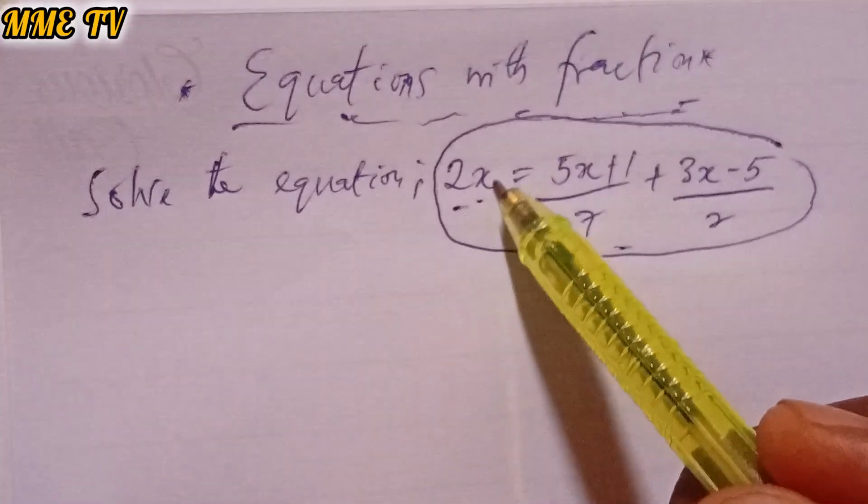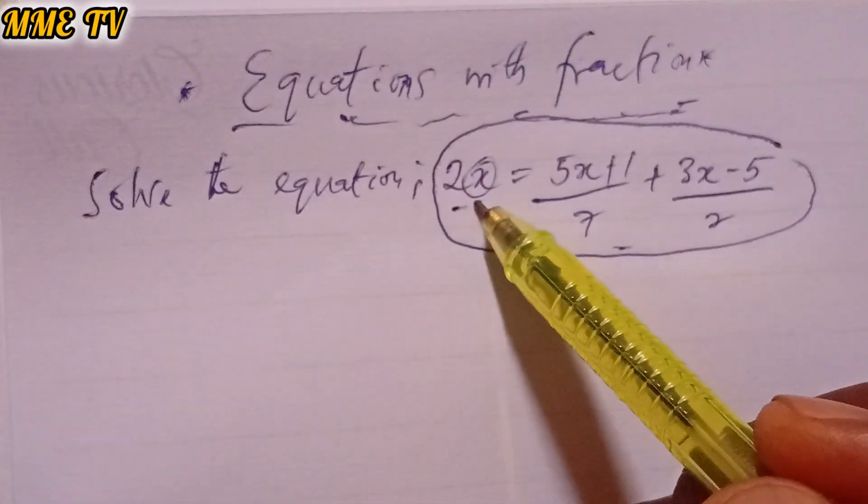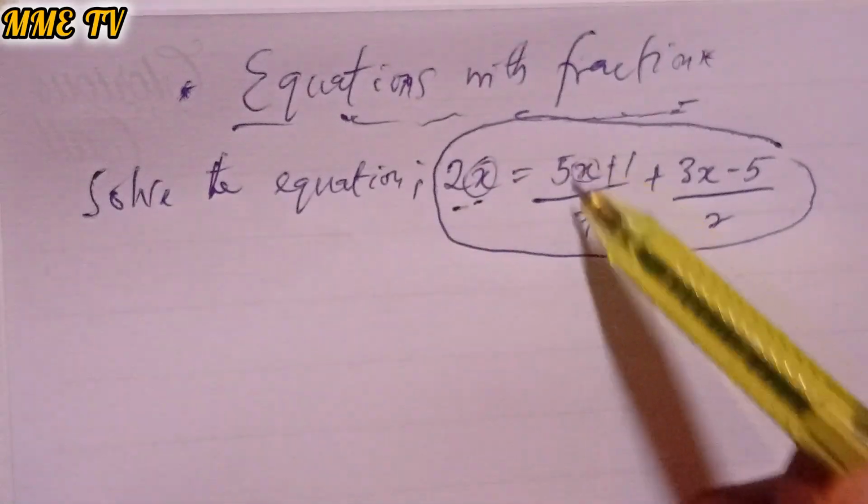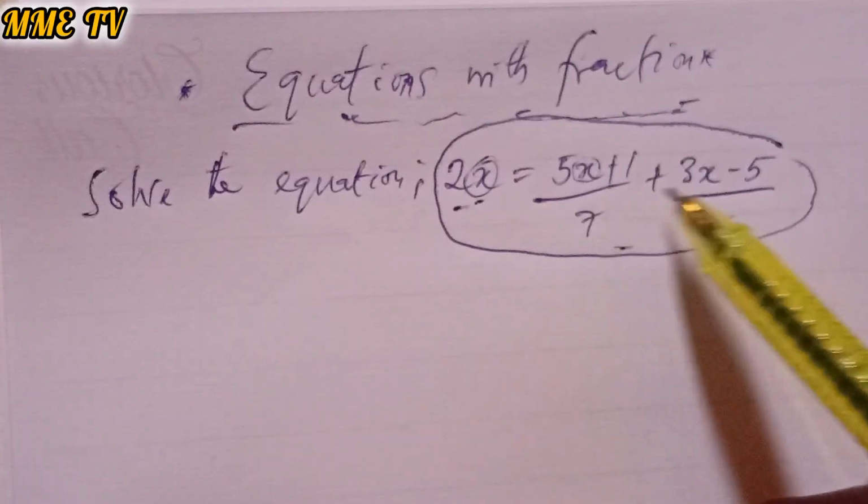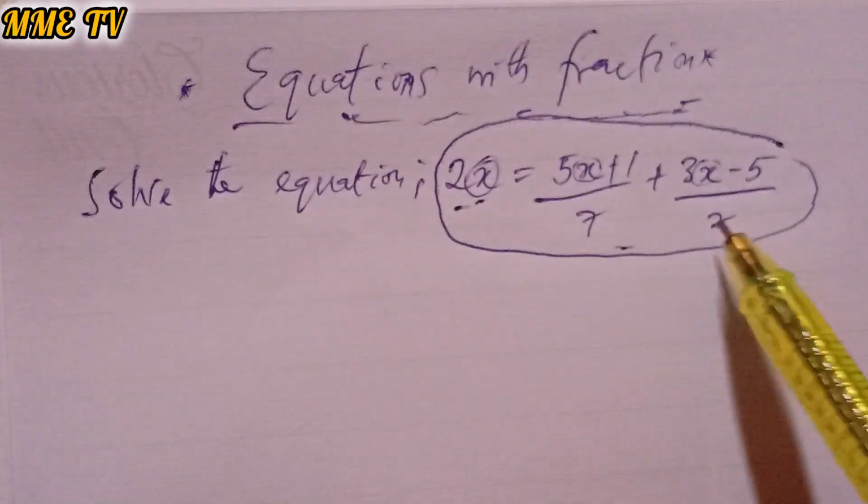Now, what is the only thing that matters here? Finding this unknown known as x. Finding this x, and this x and this x, they are all x, right?